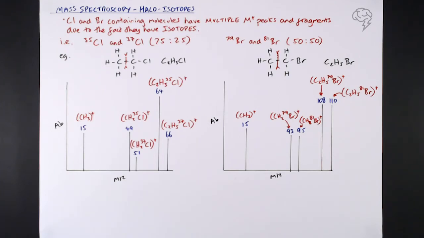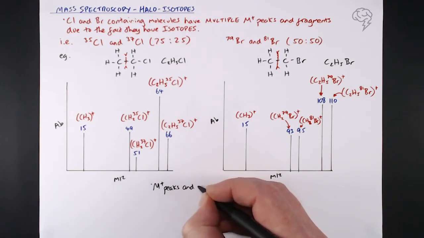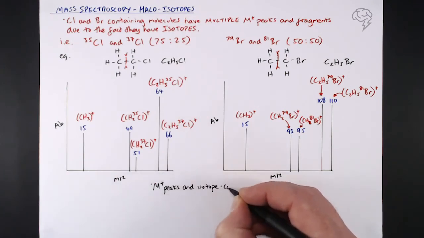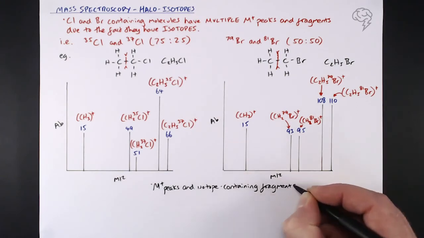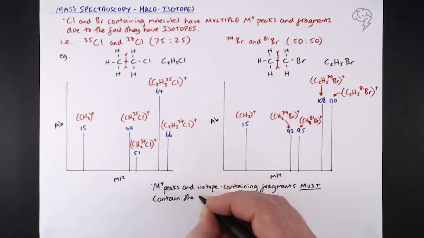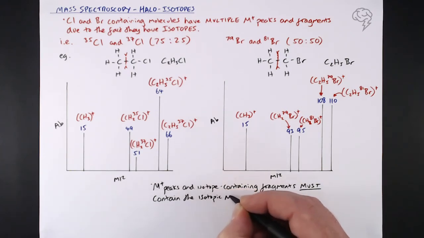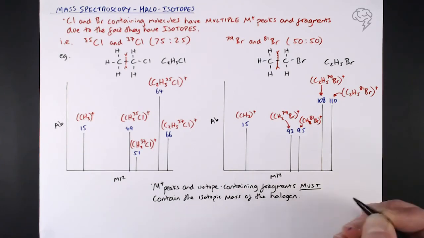So in summary, 2 points here. One is that the molecular ion peaks and the isotope containing fragments must contain the isotopic mass of the halogen. So if you're ever looking at the fragments and you can't figure out where it's come from, it's probably down to an isotope of chlorine or bromine.